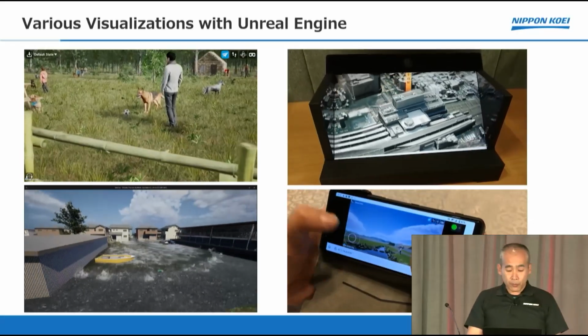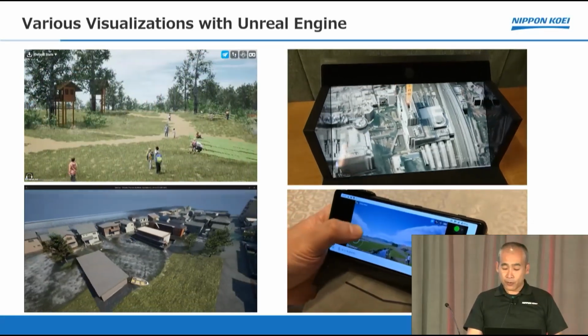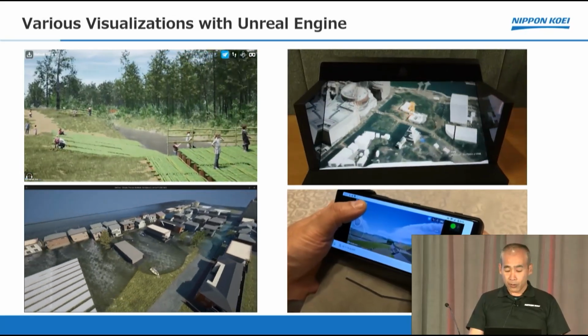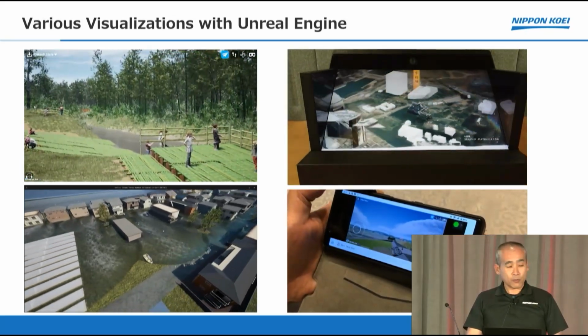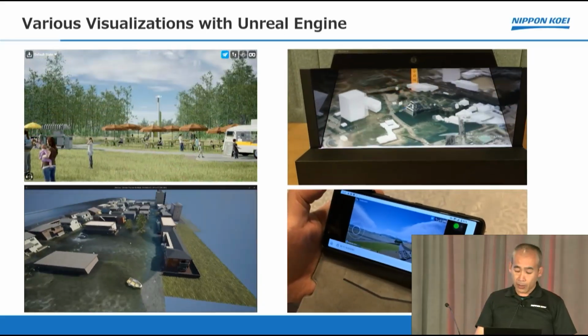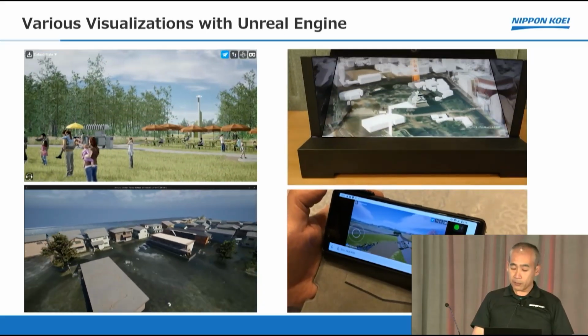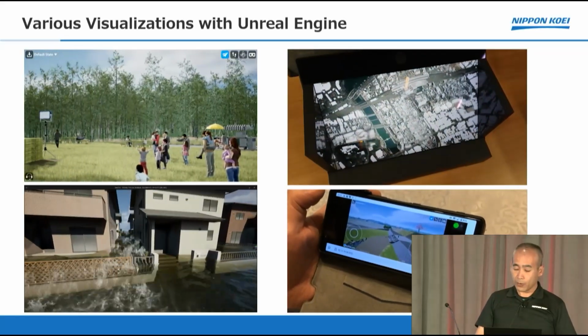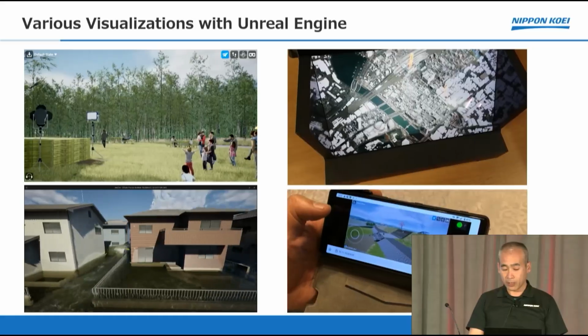And we also create digital visualization for the threat of tsunami to help people respond immediately in case of an emergency. And to make this experience accessible on any device, we use cloud streaming technologies.